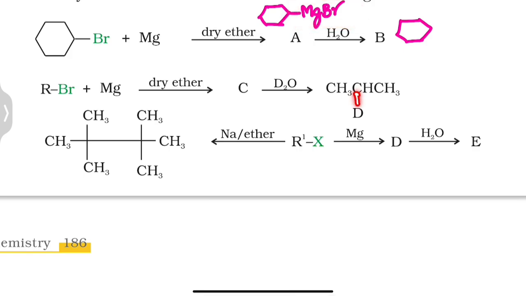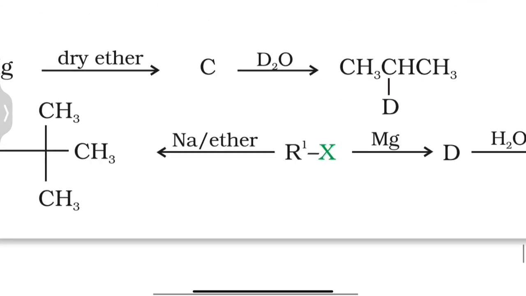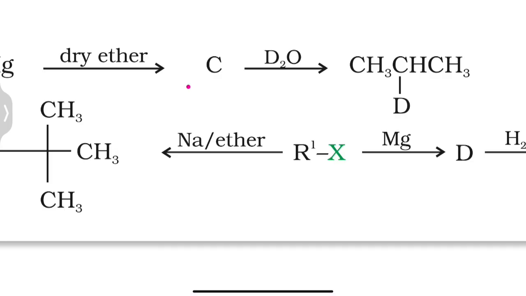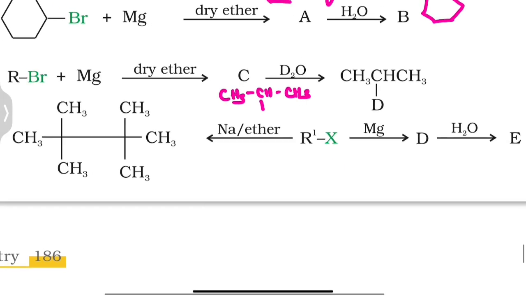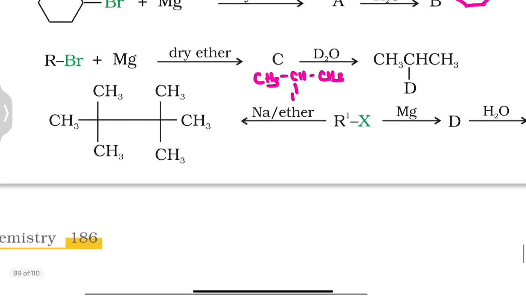If D is attached to this carbon, it means MgBr was present here. So C will be CH3, CH, CH3, and here it will be MgBr.